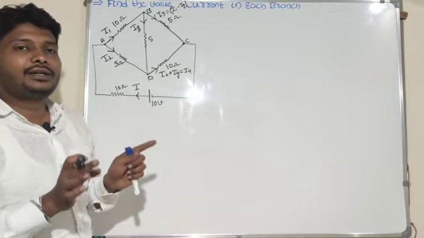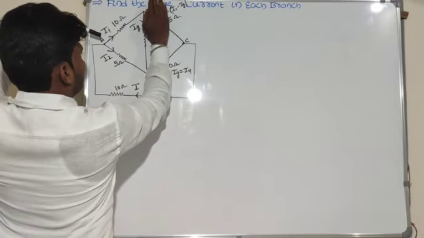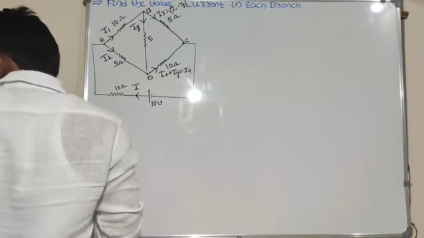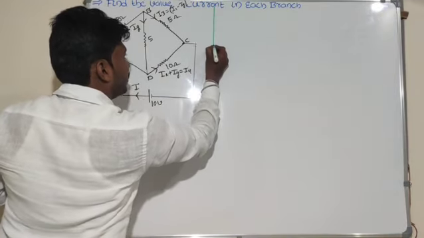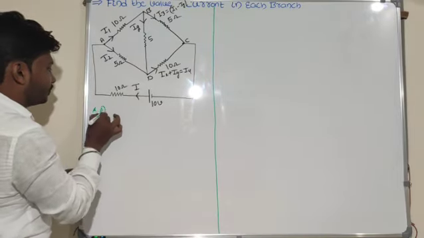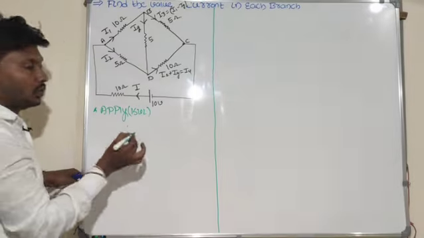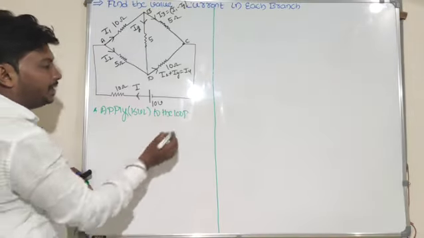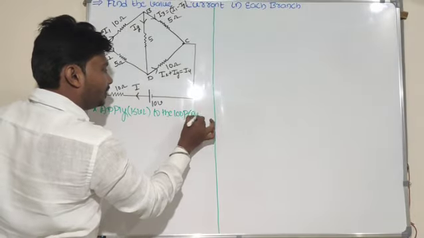Now I will apply Kirchhoff voltage law to the loop ABDA. For this loop ABDA, I will apply the KVL law. So wait for a few minutes. What's the loop here?